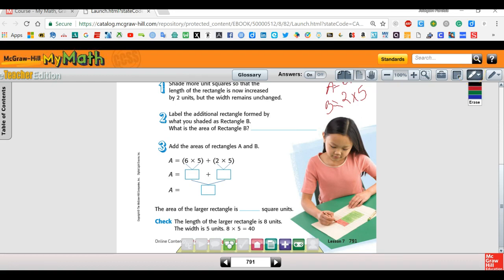So what's 6 times 5? 30. And then 2 times 5? 10. So then 30 plus 10 is 40. So the area of the whole rectangle, including A and B, is going to be 40 square units.